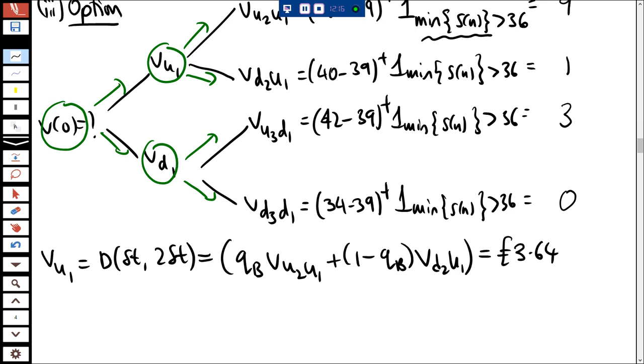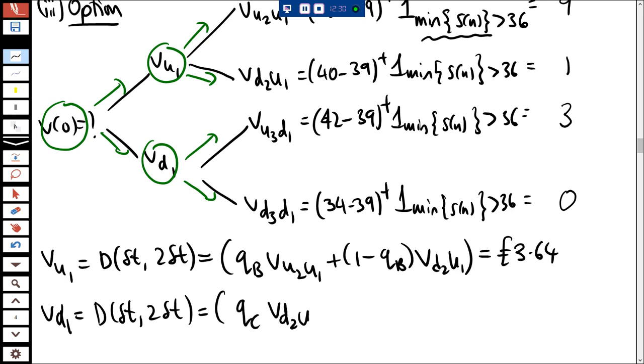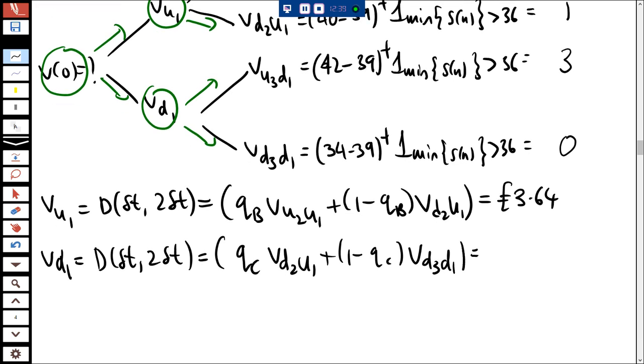This is £3.64. At this one, at point C, we have this one. Okay, and I've done this in the calculator already.